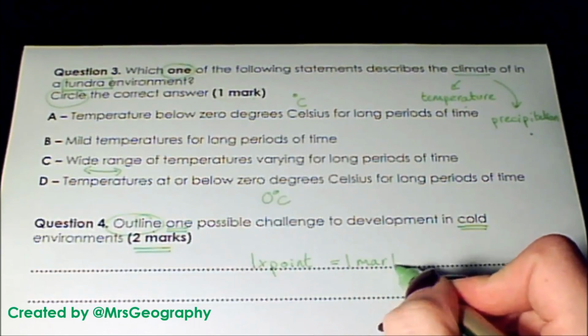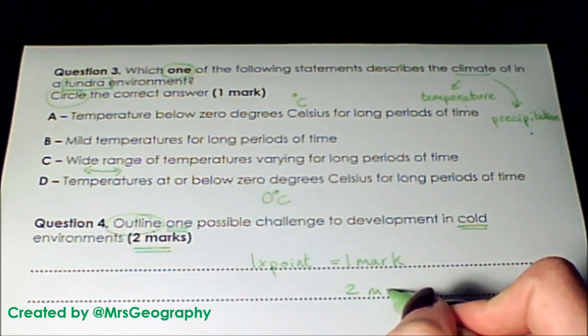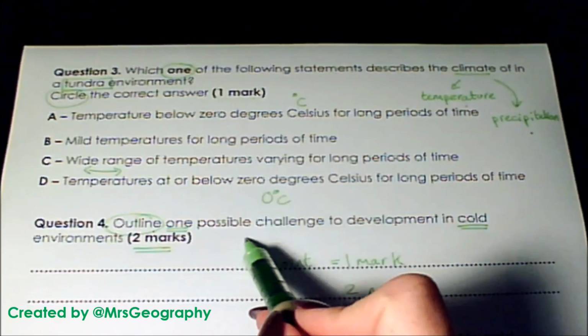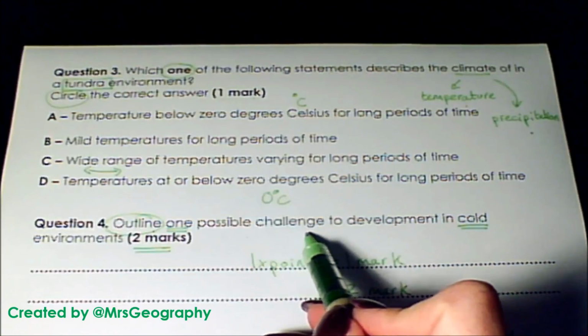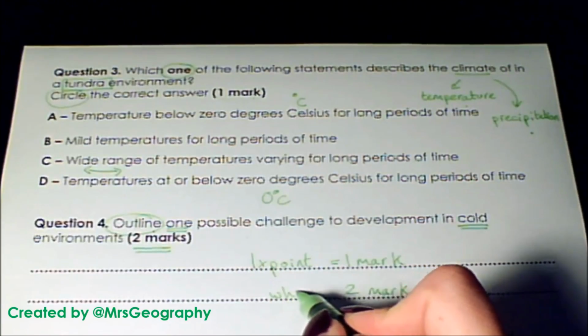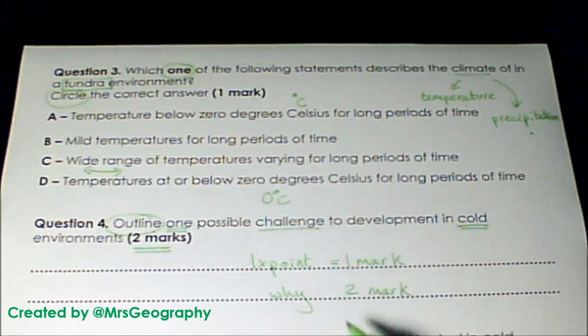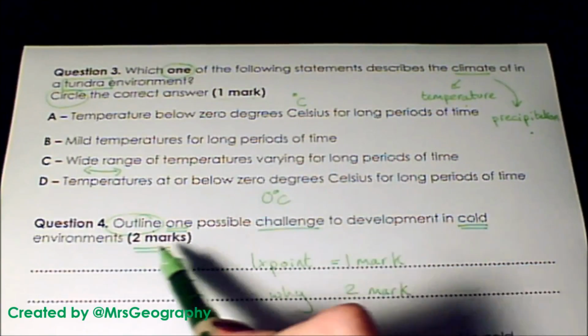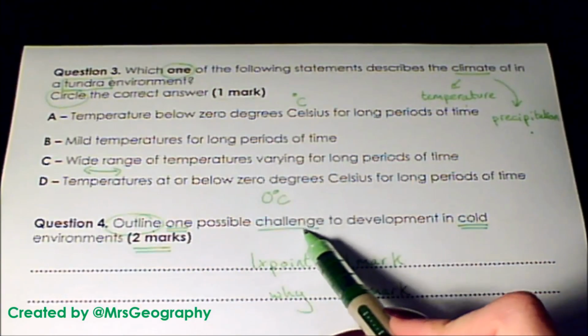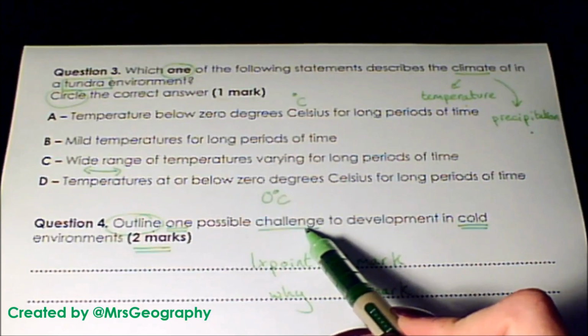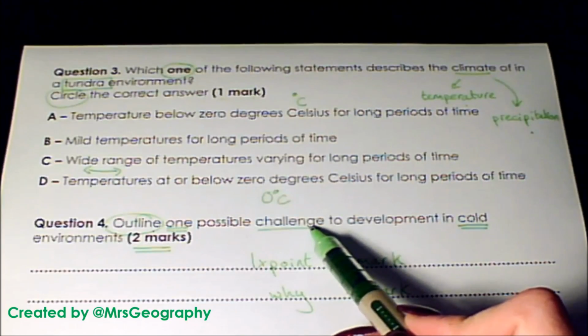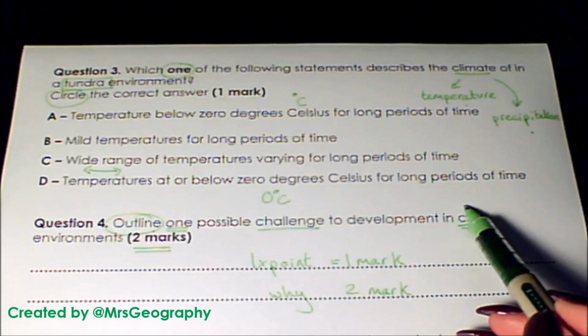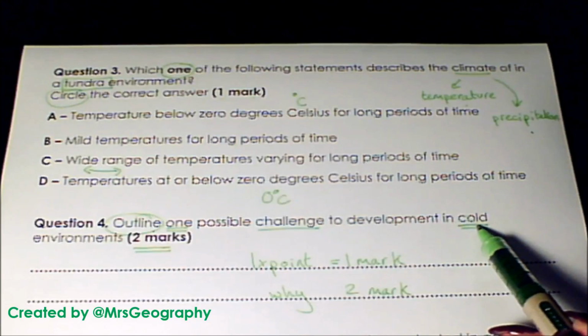And then in order to get the second mark, you need to say very briefly why. So why is it a challenge to develop in cold environments? So remember, a challenge is some kind of difficulty that's experienced. Think about cold being your optimum word.